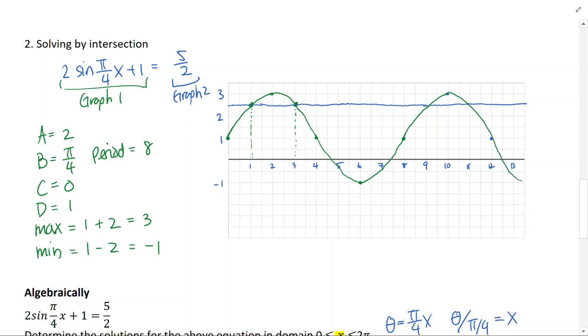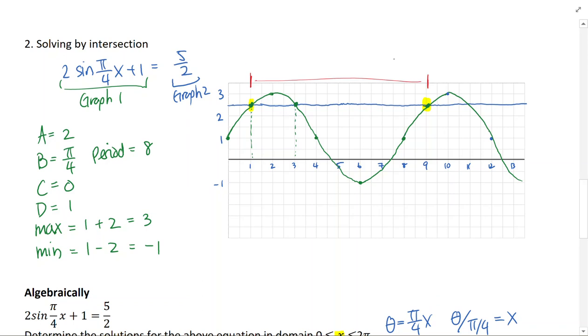And what you're going to see is that this point right here is equivalent to this point right here, because our graph has just repeated itself. Now the question is, how far is here to here to know when it repeats itself?